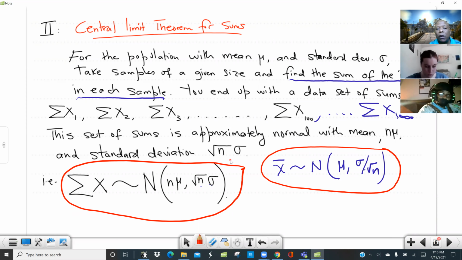Now that we know how to work with a normal distribution, we are going to be answering questions that relate to these two normal distributions. This is what we call the central limit theorem.